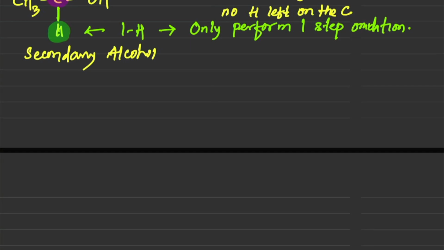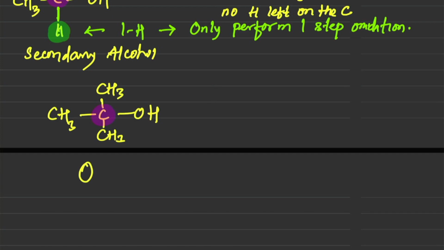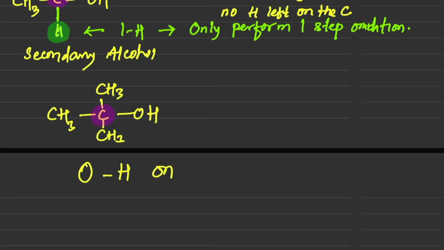So keeping in the trend, let's see if you can perform this. Always look at the carbon atom connected to the oxygen and then figure out how many hydrogens it has. So this has 0 hydrogen on the carbon atom color-coded with pink. I should say 0 because otherwise it will confuse. So that's your alpha carbon atom for the OH.